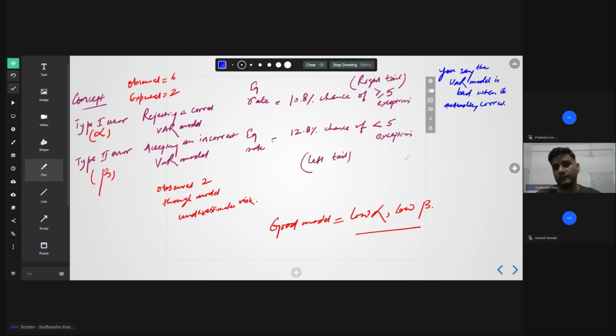What is type 2 error? Type 2 error is you keep using a bad model that underestimates your risk.